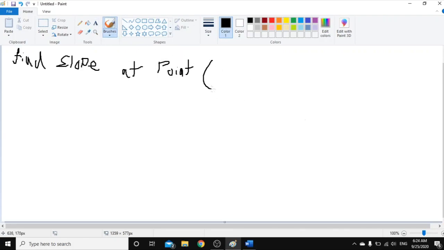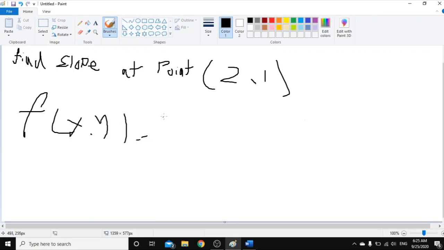Let's say at the point, for example, 2 and 1. Let's make another equation from my mind. Let's say f of x and y is equal to x cubed times y squared.